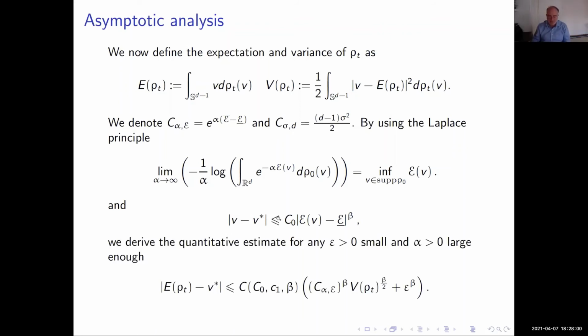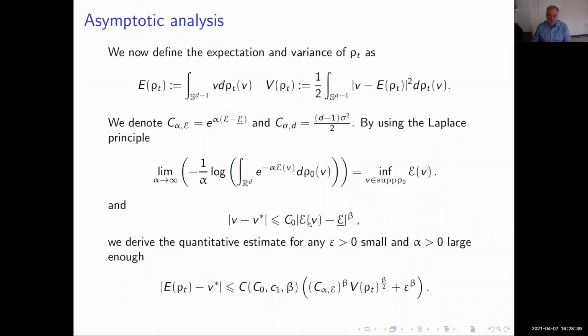So if in the inverse continuity property you plug inside, instead of V, the expected value of rho_t, then what you get here is E of the expected value of rho_t. But now one can substitute to a certain extent this difference, basically this integral as it appears here.